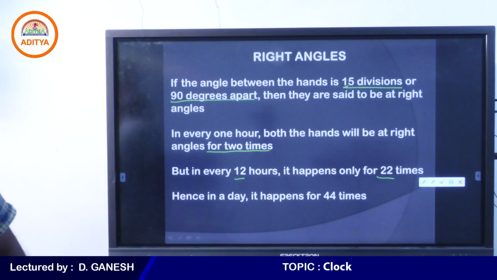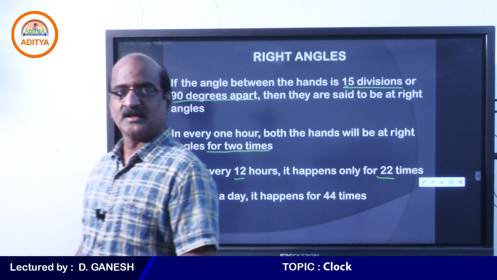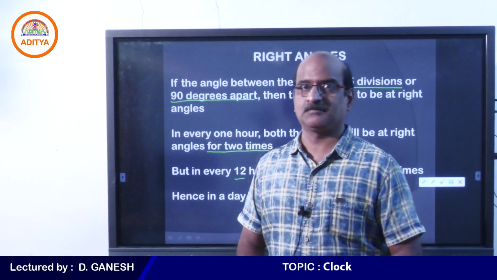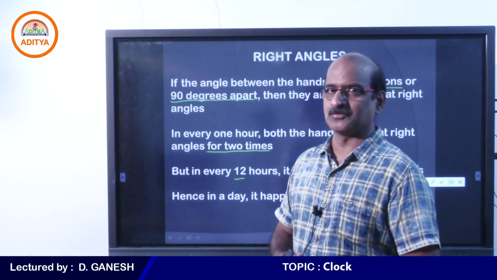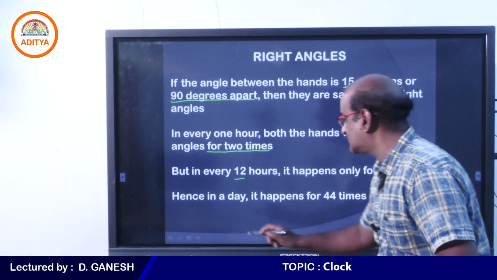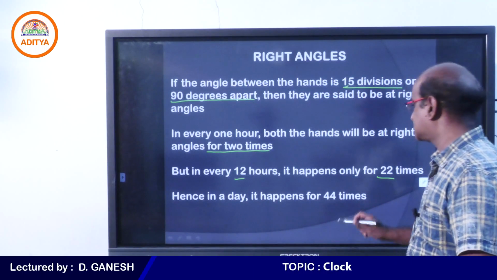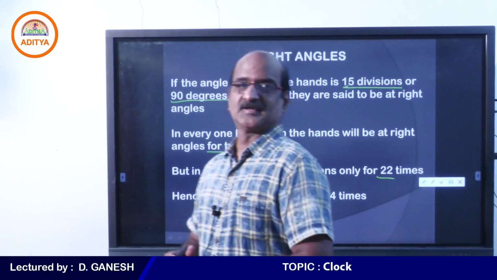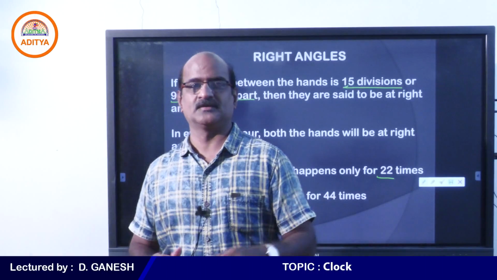If every 1 hour it happens 2 times, it is quite natural to expect 24 times in 12 hours, but it is 22 times. Hence, in a day, it happens 44 times.